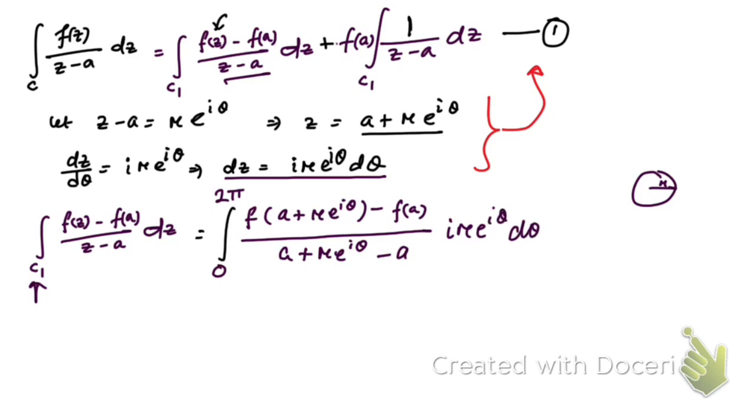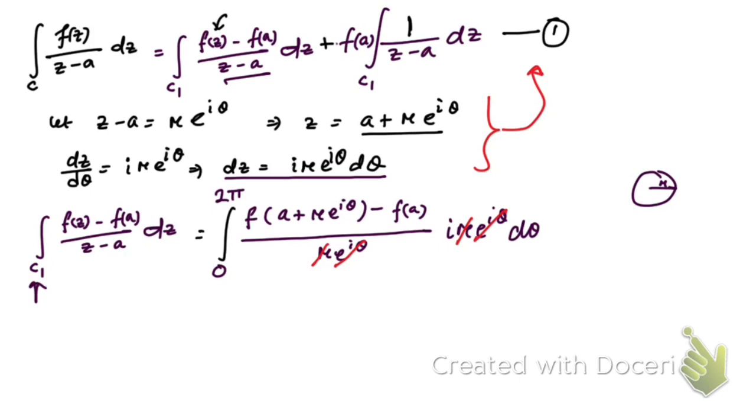Now you see, minus a plus a cancels, and we get r e to the power i theta only. Then r will be cancelled, and e to the power i theta will also be cancelled.